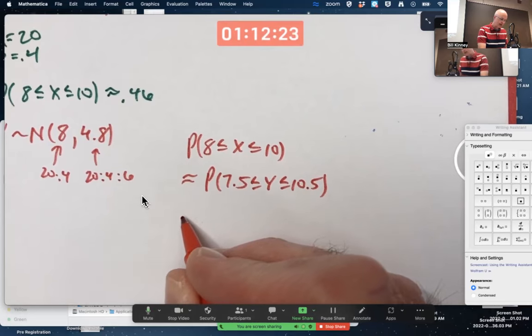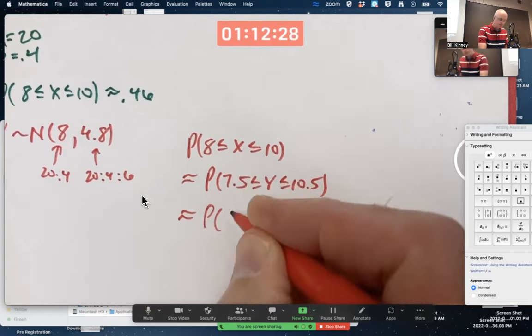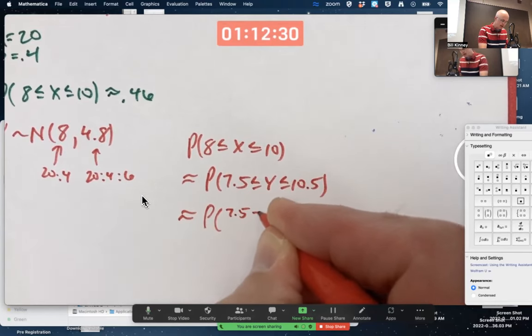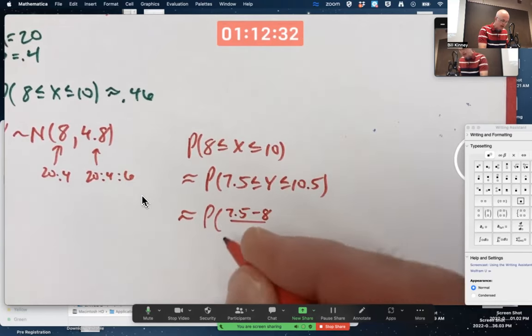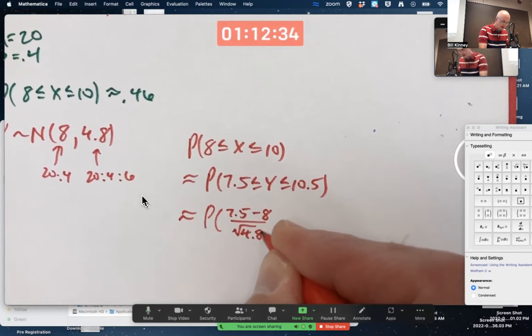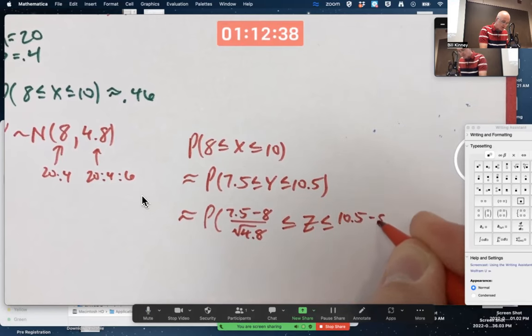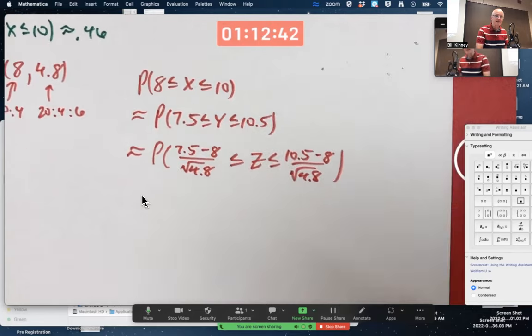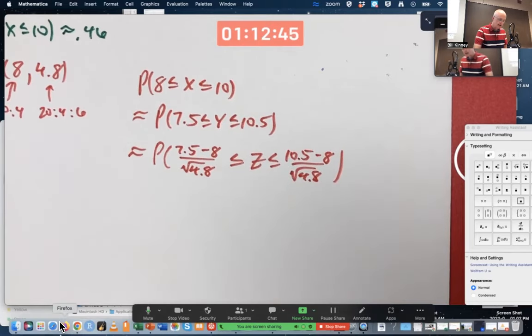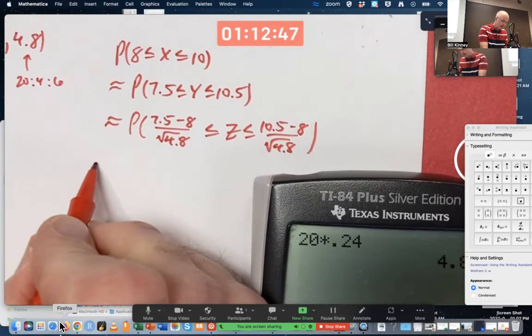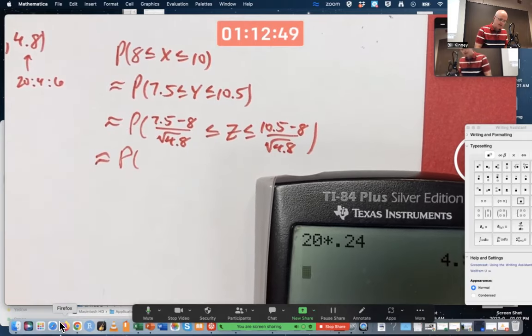And if all I have is a standard normal table, I also need to convert this to z-scores. Subtract the mean of 8, divide by the standard deviation, the square root of 4.8. Careful, a common mistake is to divide by the variance, but you have to divide by the standard deviation. And this is still continuing approximations.